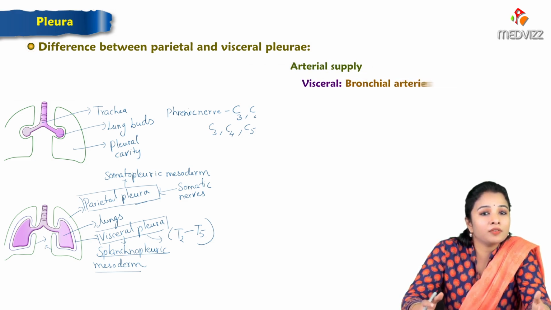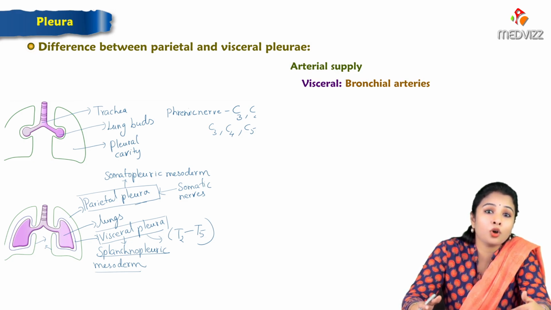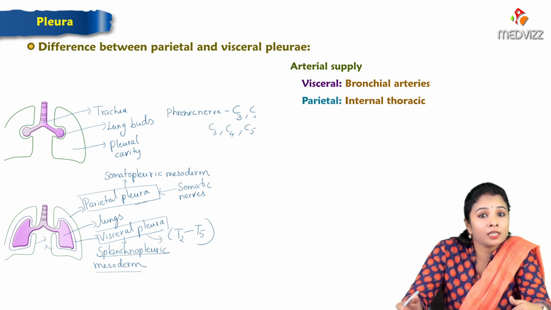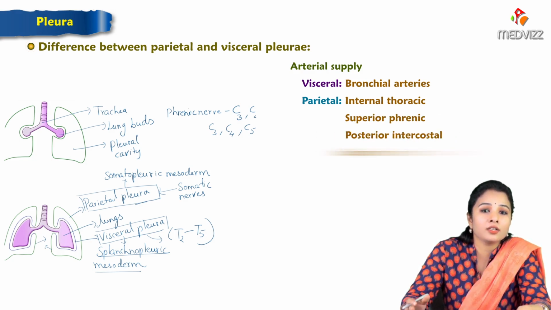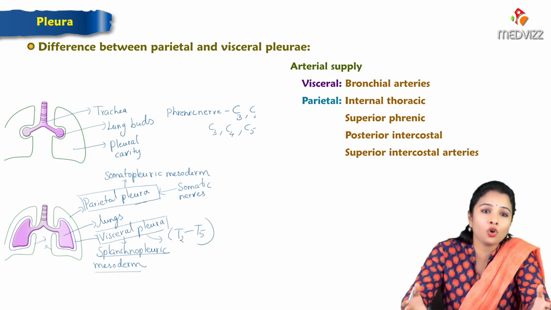The blood supply of the visceral pleura is the same as the lungs, so it is supplied by bronchial arteries. Whereas the parietal pleura is supplied by the internal thoracic artery, superior phrenic artery, posterior intercostal arteries and superior intercostal arteries, which supply the thoracic wall also.